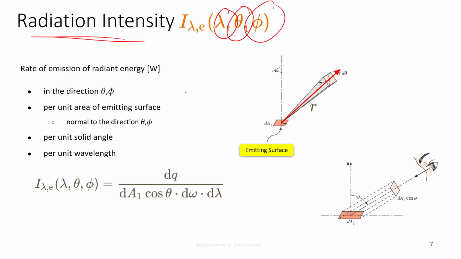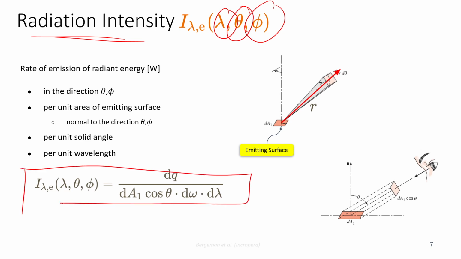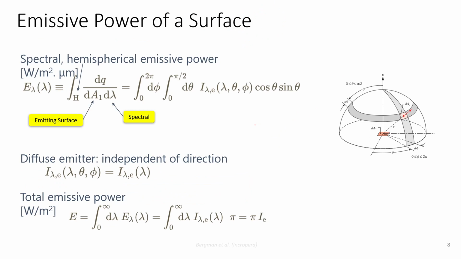On the basis of that, we derived this formula for radiation intensity. Then we derived the emissive power of the surface using this formula, whereby for a particular wavelength, we integrate across all phi as well as theta in order to find the overall emissive power of the body.